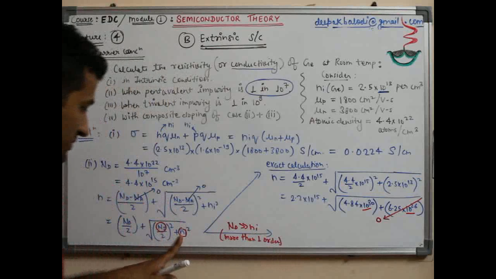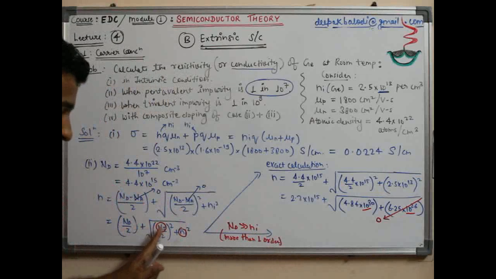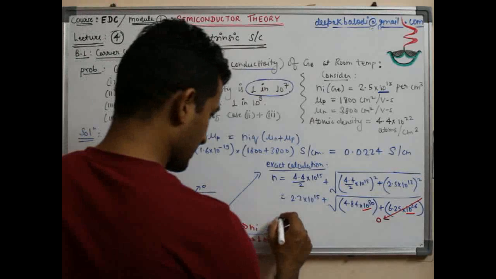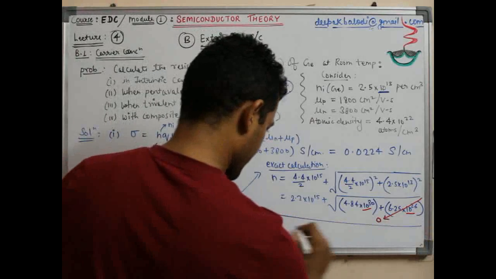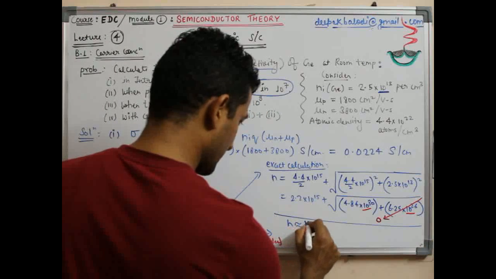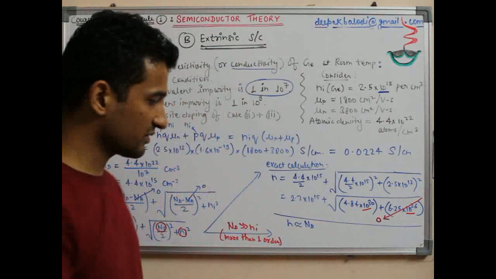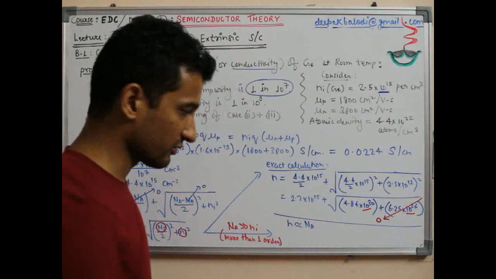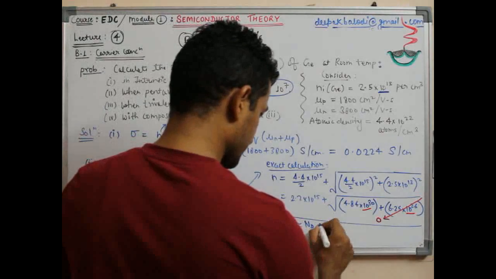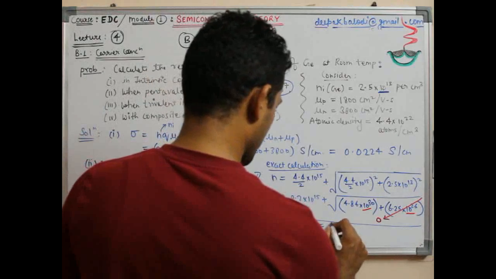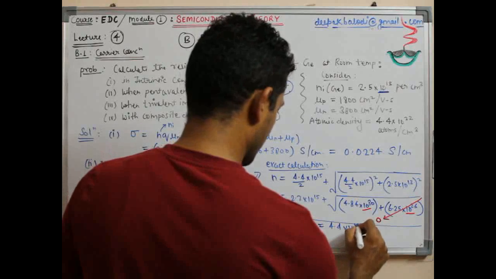If Ni square could be neglected, then this is Nd by 2 plus square root, so that comes Nd by 2 and this becomes Nd only. So then N is approximately Nd, and this approximately is also insignificant because it is almost close to Nd only. So therefore this is 4.4 into 10 to the power 15.